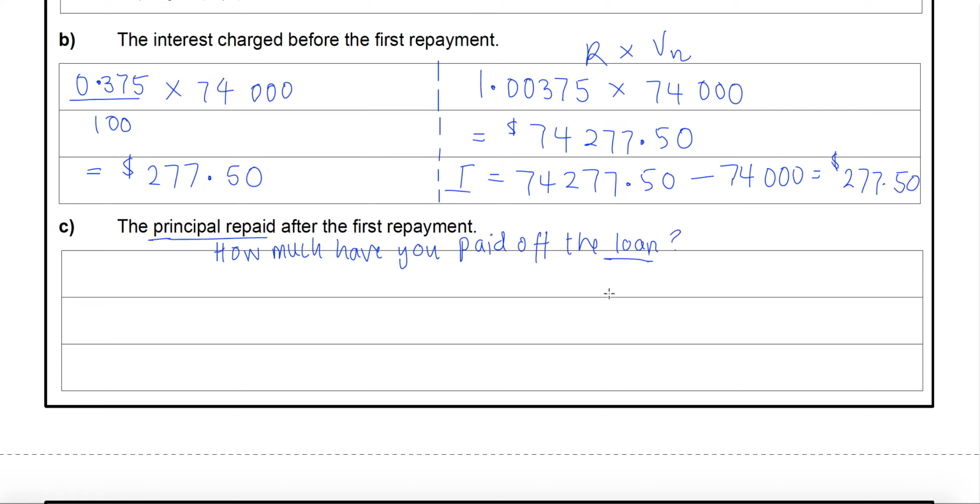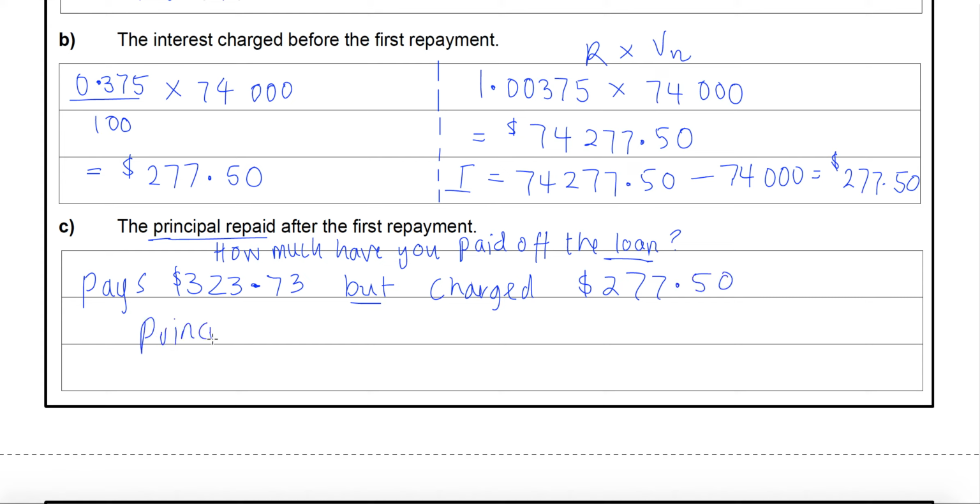Not how much have you paid, she's paid $323.73, but how much has actually come off the loan? So she pays this amount, $323.73, but she was charged in interest $277.50. So we just need to see the difference.